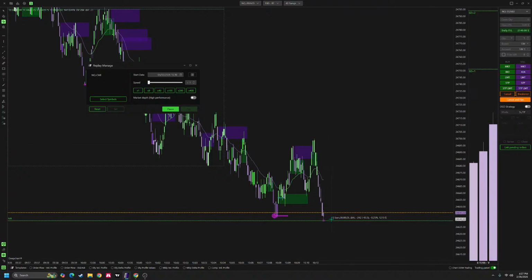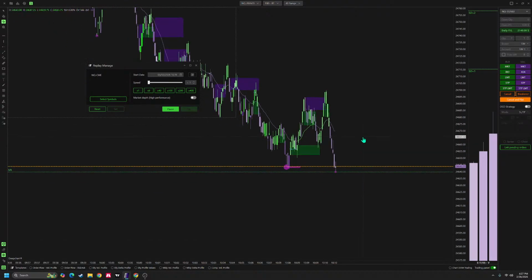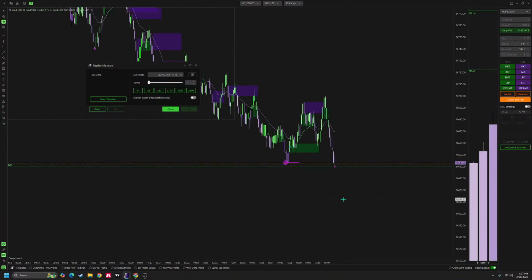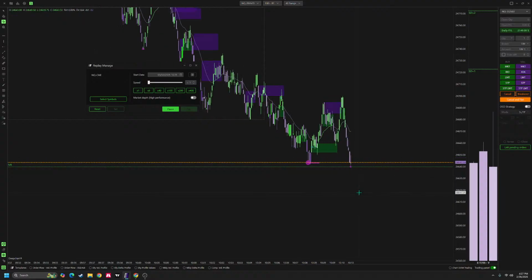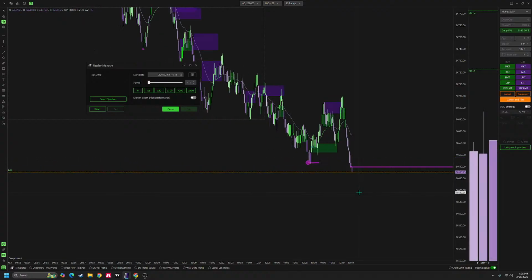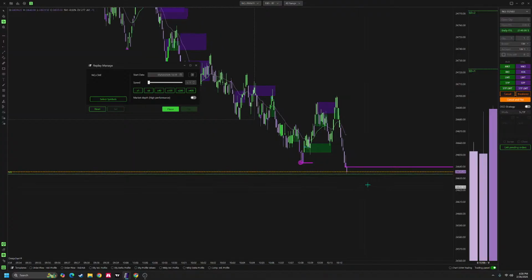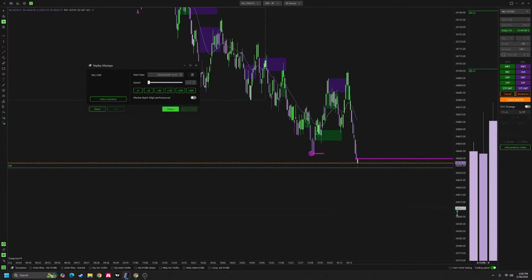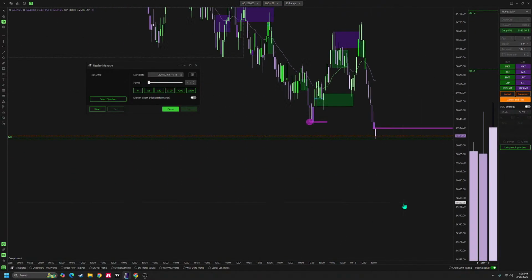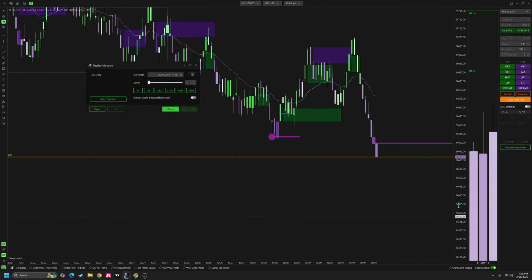Just 60 points, just like that. Sellers are really strong today. So more sellers stepping back in, pushing the price even lower.